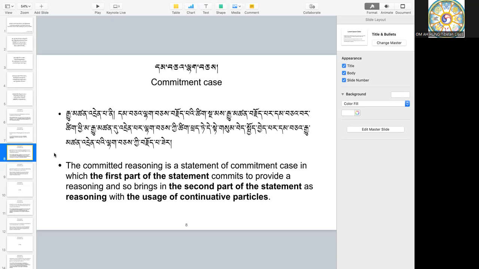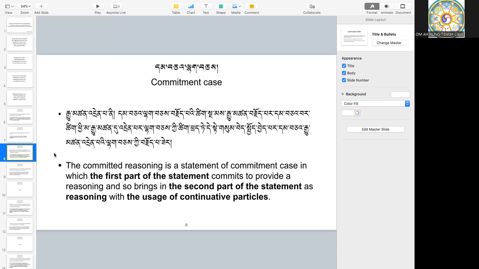So the committed reasoning. It's a statement of commitment case, but here the commitment is the committed reasoning. So this committed reasoning is a statement of commitment case in which the first part of the statement commits to provide a reasoning. It commits that it is going to provide a certain type of reasoning.